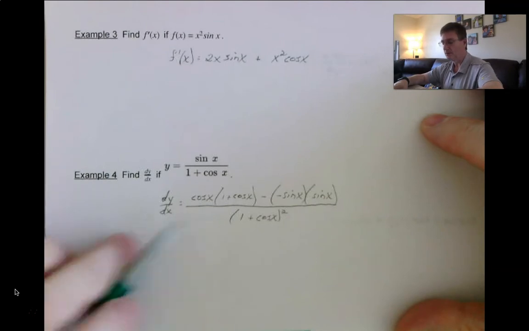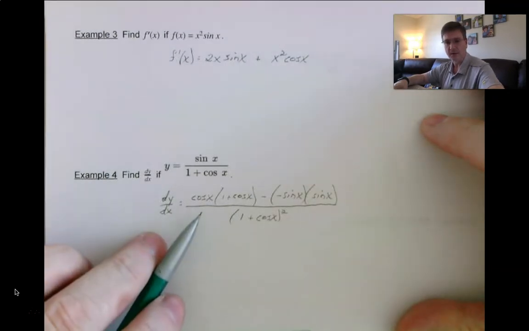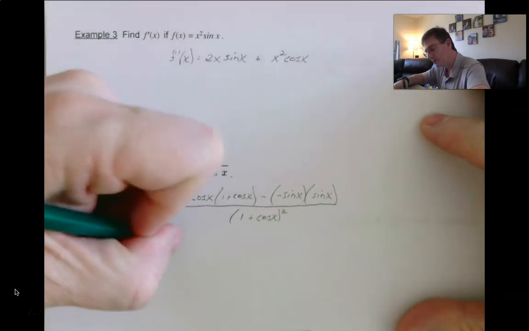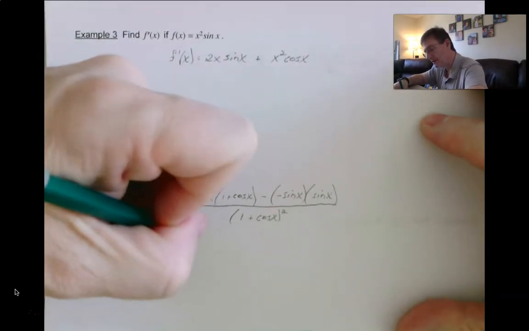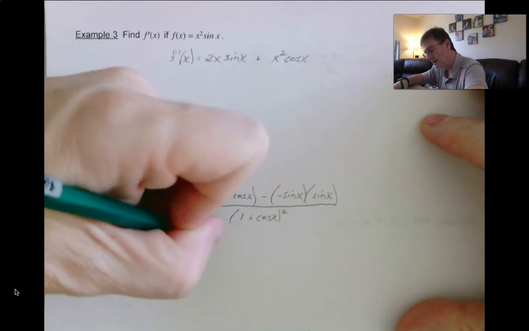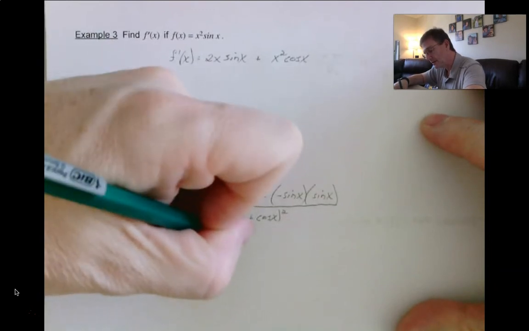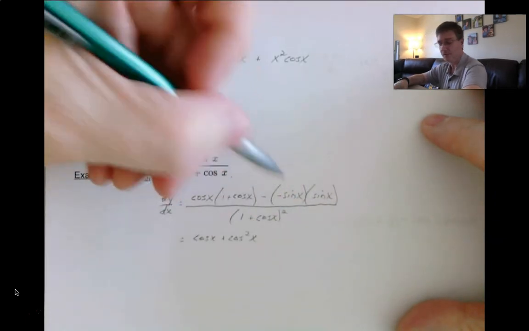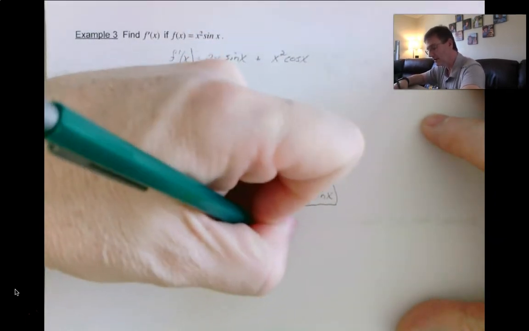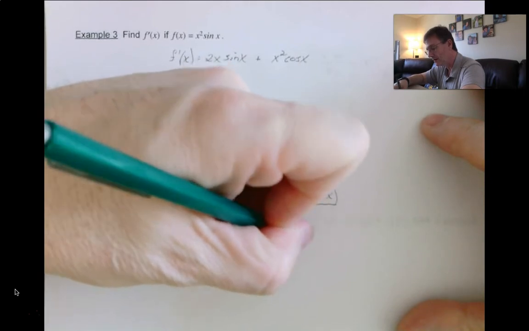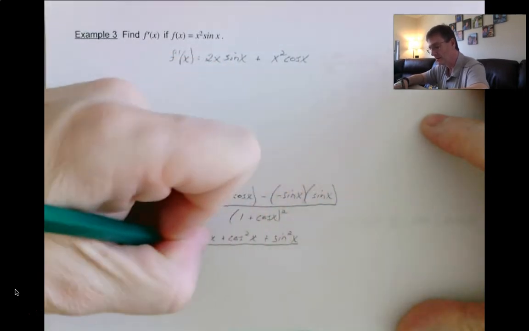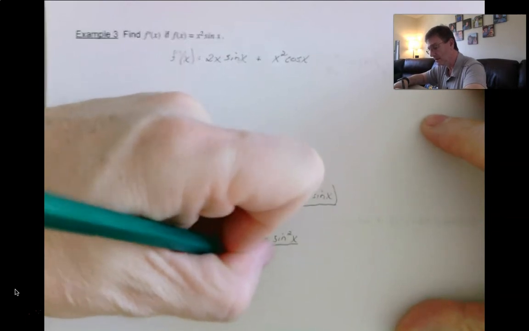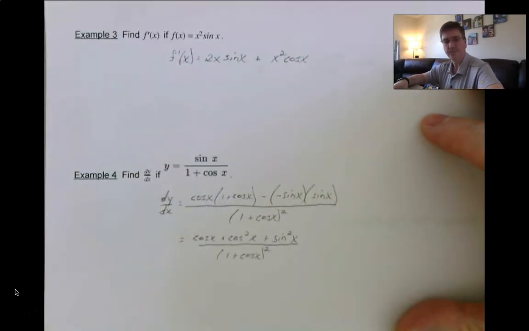Now, I'm going to do a little bit of the multiplying here and distributing and see if there's anything that we can clean up. So if I distribute the cosine of x, I get cosine x plus cosine squared x, negative negative becomes plus sine squared x, all over 1 plus cosine x squared.